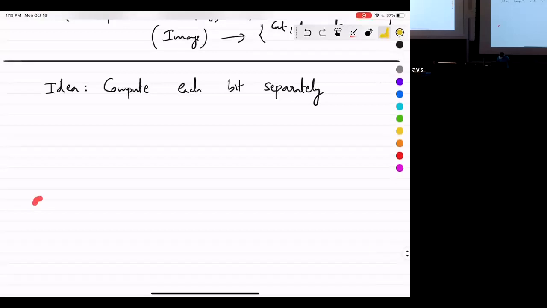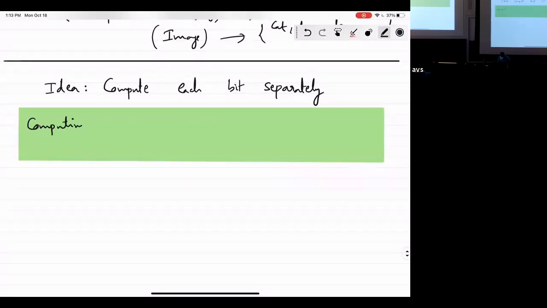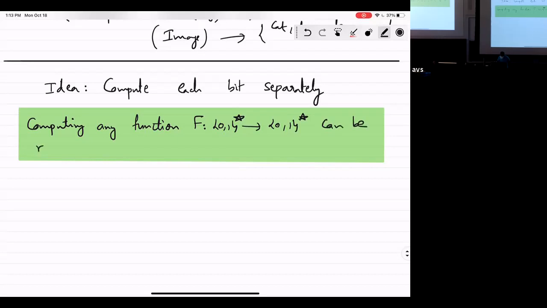So, more concretely, computing any function, even if the input is unbounded and the output is unbounded, can be reduced to computing a sequence of Boolean functions.